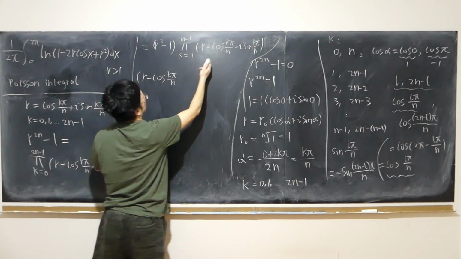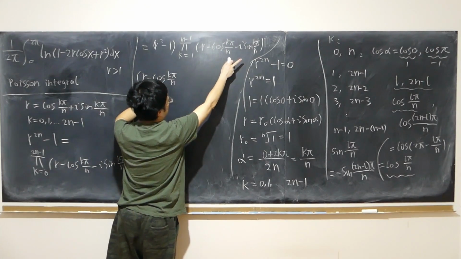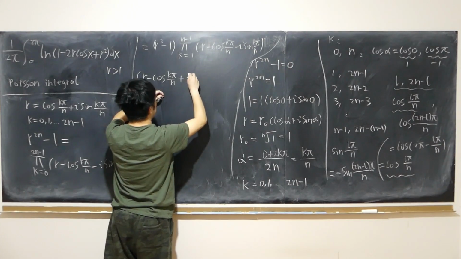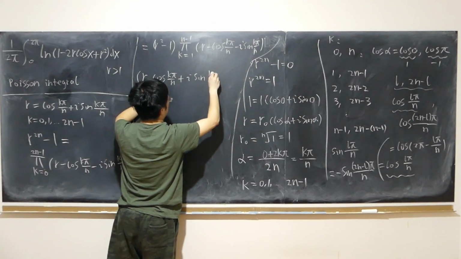Cosine, they're all the same, but sine, they're opposite sign. Minus cosine k pi over n plus I sine k pi over n.